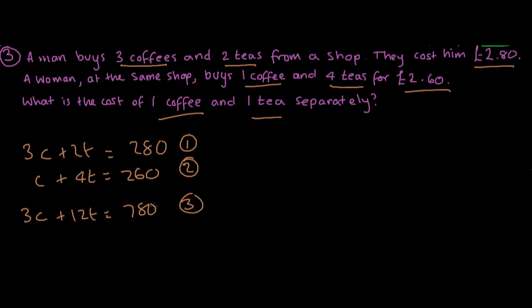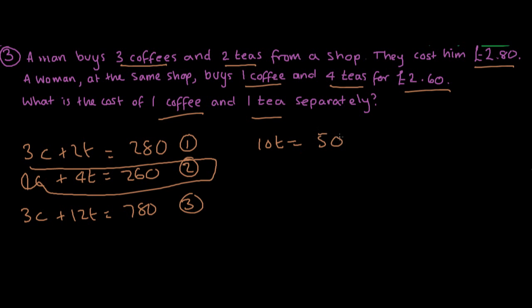And then, ignoring this one for a second, our signs are the same, so we subtract. Okay, so the c's cancel out. 12 take away 2 gives us 10t is equal to 780 take away 280, which is 500. So therefore t will equal 500 over 10, which is 50p.